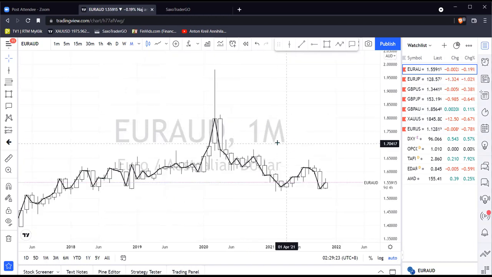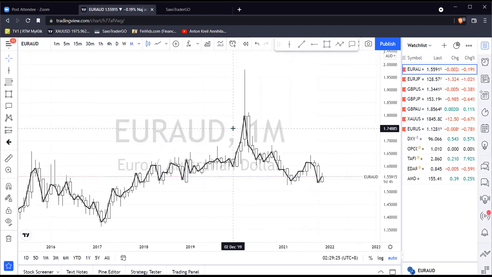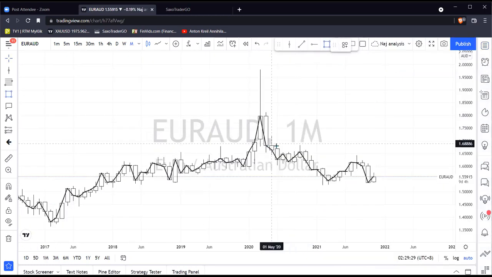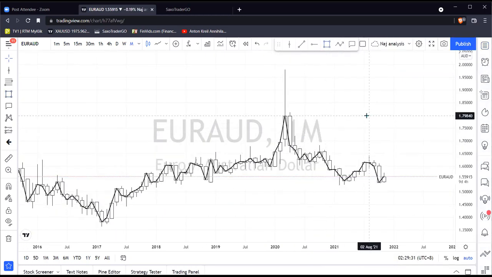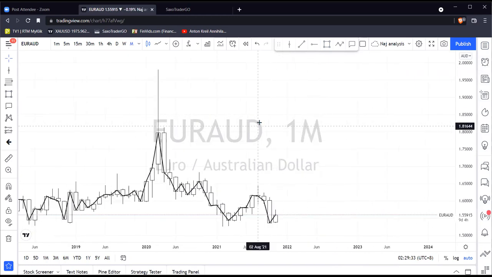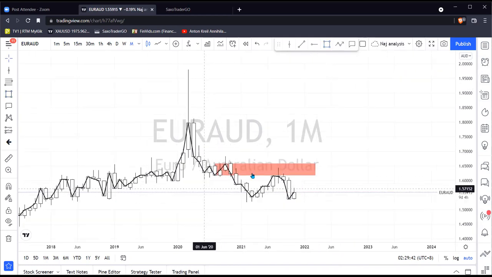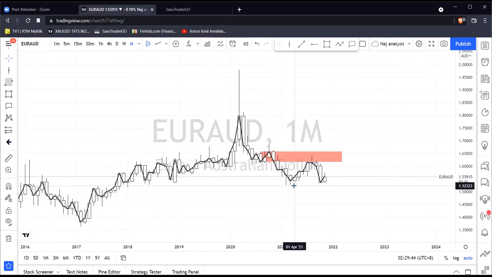But if we take a look at that, for instance, for monthly, there's a direction saying it wants to sell.